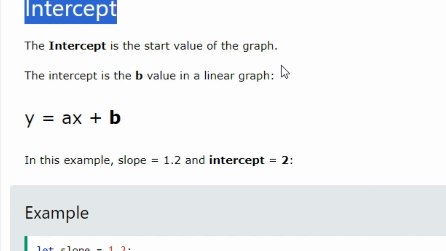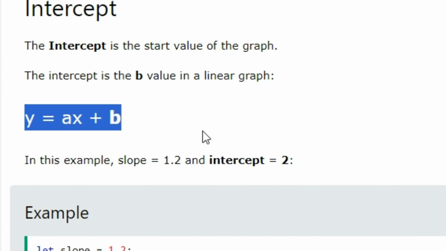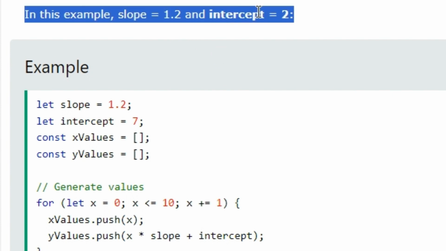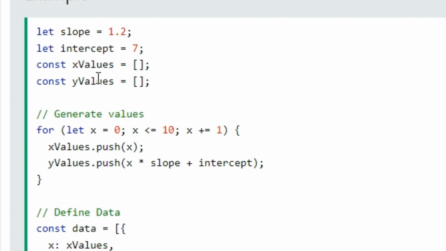Next is intercept. The intercept is the start value of the graph. The intercept is the b value in a linear graph. This b is the intercept. So if we take an example where slope is equal to 1.2 and intercept equal to 7, then we can draw a graph with the help of the code below.